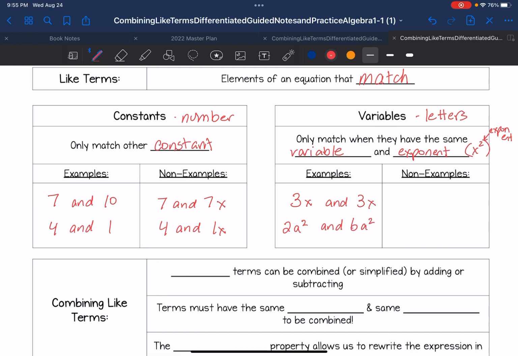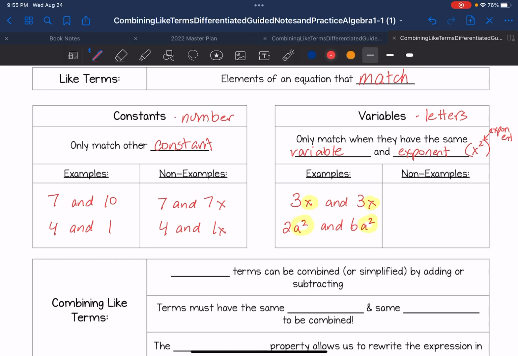Note those letters, the variables, and the exponent, so a squared, is the part that matches. So let me see if I can highlight it here. So this part right here and this part right here, these two match. This matches and this matches.